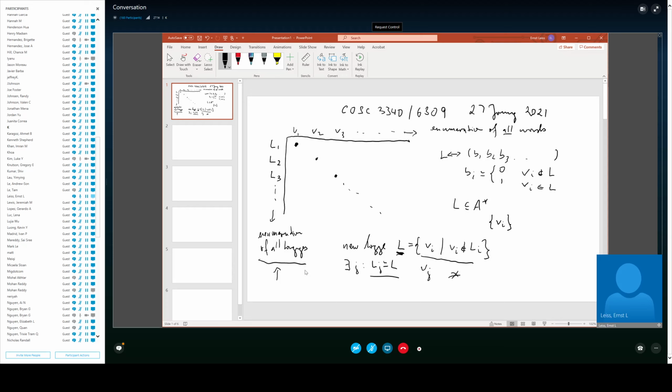If you know about the cardinality of the real numbers compared with the cardinality of the rational numbers, well, the rational numbers are countably infinite. The real numbers are not.